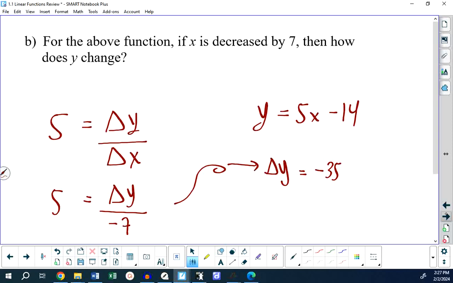So y decreases by 35. None of what we've done Wednesday, yesterday, or today is in the realm of being on an exam. This is just warming our brains up and giving us the right skills for what's to come. Any questions with B?